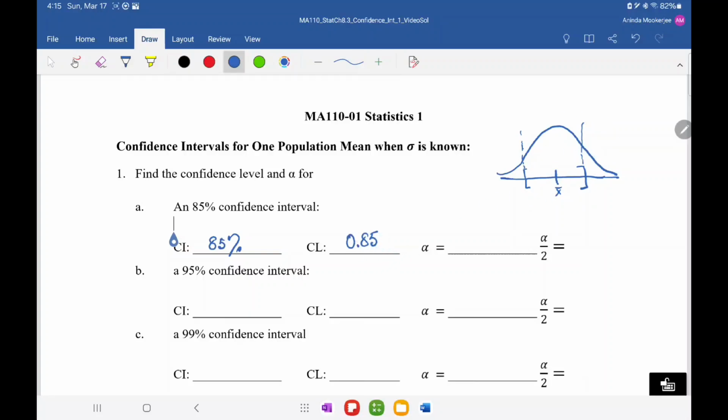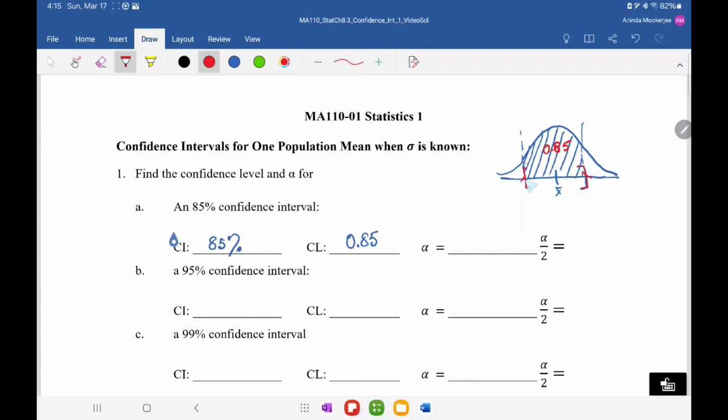And in this diagram, the confidence level is this area bounded by the end points of our interval that we are going to find. All right, so the end points of the interval are, let's say, over here on the horizontal line below the curve, correct? And the area bounded by the end points represents this 0.85.